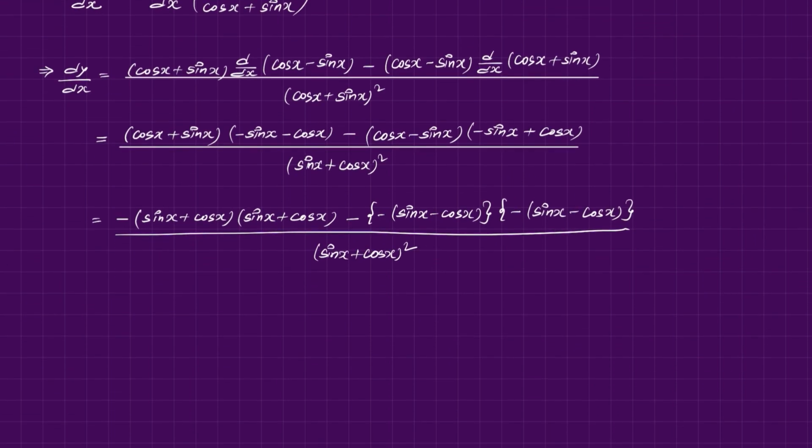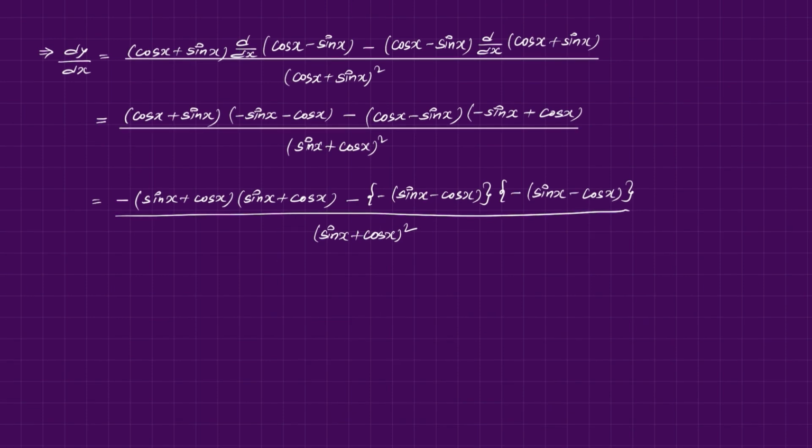So we are getting the value of dy over dx. Let me simplify it further, because at last it will be easier for us. Here, as you can see, sin x plus cos x times sin x plus cos x can be written as sin x plus cos x whole square.